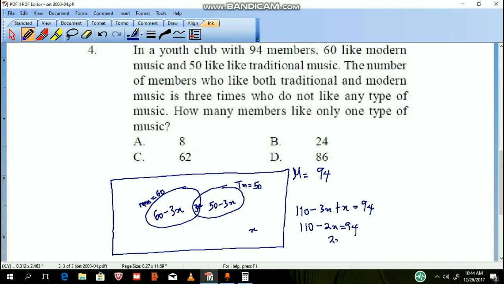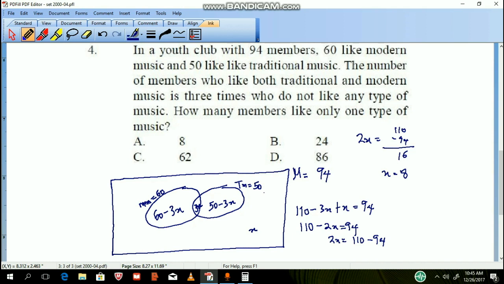So 2x will be equal to 110 minus 94, which will be equal to 16. So x will be divided by 2, which will be equal to 8.